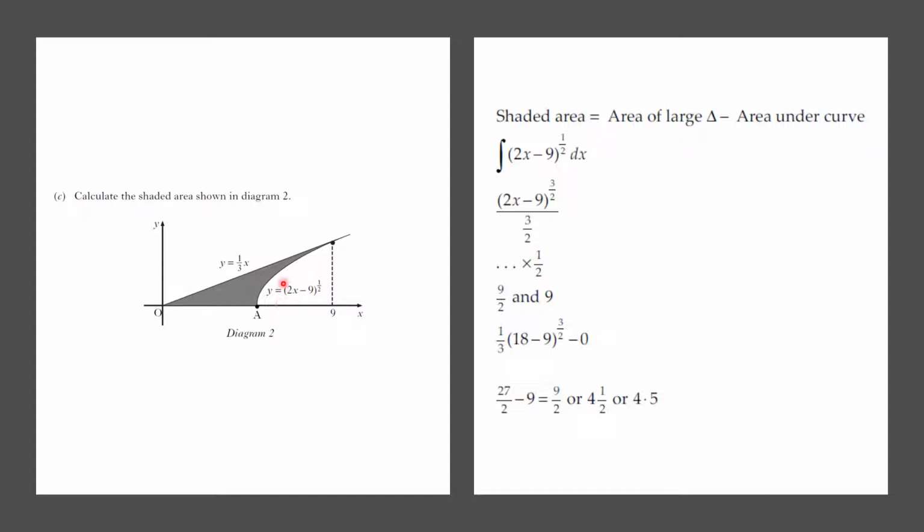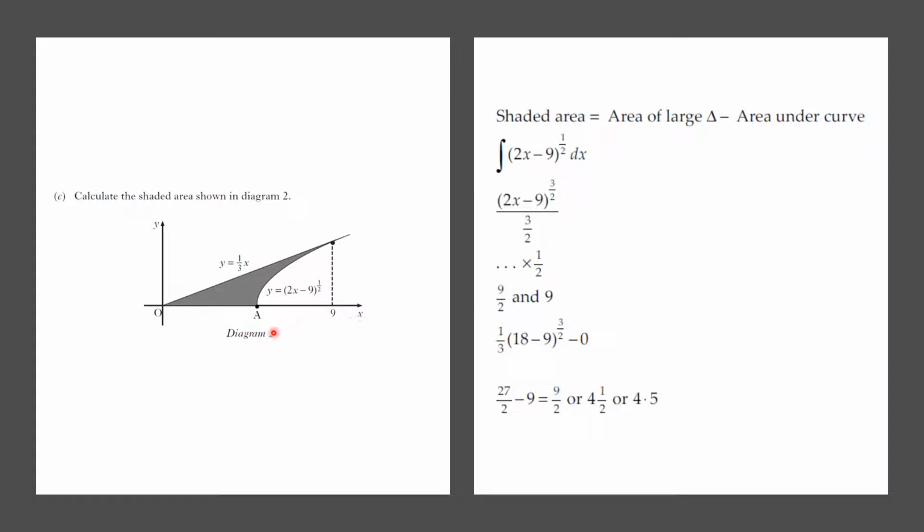And you need to take away this area, the white colored area here. This area is obtained by integrating the function (2x - 9)^(1/2) with respect to x. So you integrate the function and put in the limits, because the x coordinate of point A is 9/2 and the maximum value here is 9.